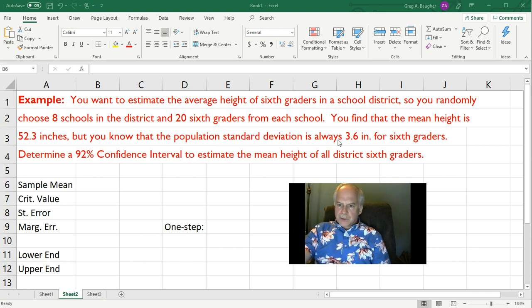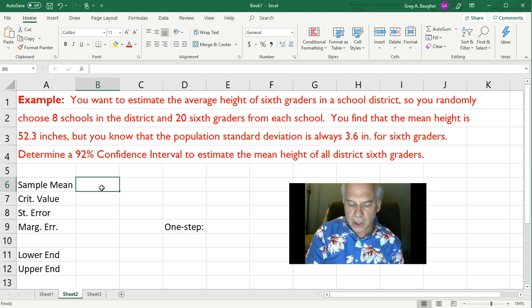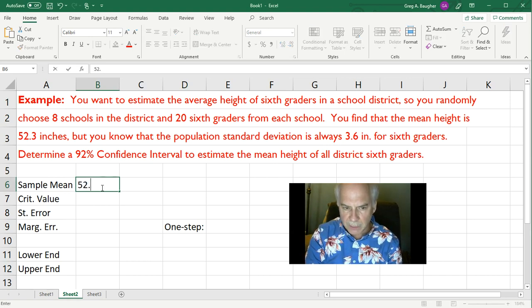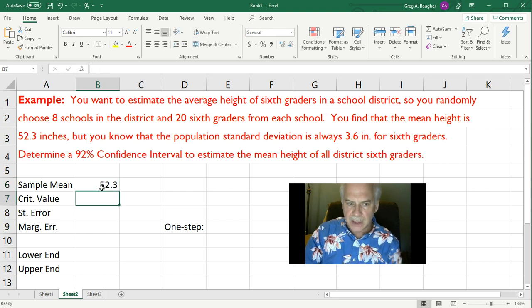All right, so that's the problem, and you first of all start off by listing the sample mean. Well, we know what the sample mean is. It's 52.3 inches. Okay, they gave us that in the problem. Now the critical value, well, this confidence level 92%, that's not in the table.